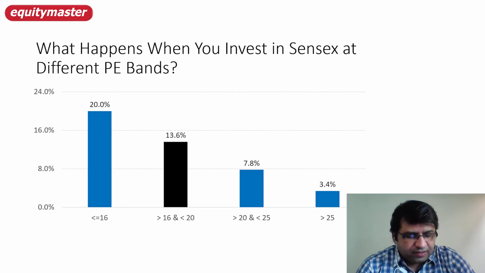So whenever the Sensex has traded at a PE of 16 times or lower, or between 16 and 20 times, the forward returns have been attractive. They have been in higher double digits or even as high as 20% over the next 3-year period. But whenever the Sensex PE has gone up to 20 times or more than 25 times, the returns have been poor. They have fallen to single digit returns.